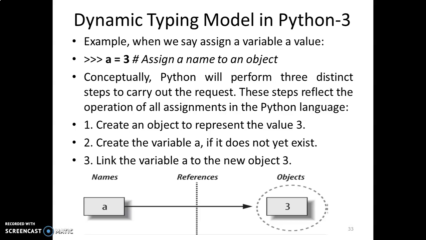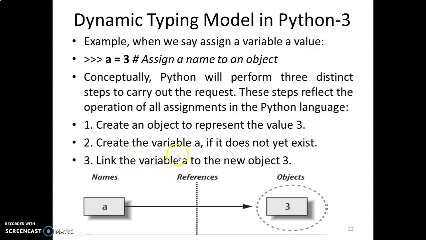Now, let's understand what happens when we say a is equal to 3. We are saying assign a name to an object. Okay, so in the background, conceptually, Python is performing three distinct steps to carry out your request. The first is to create an object to represent the value 3.